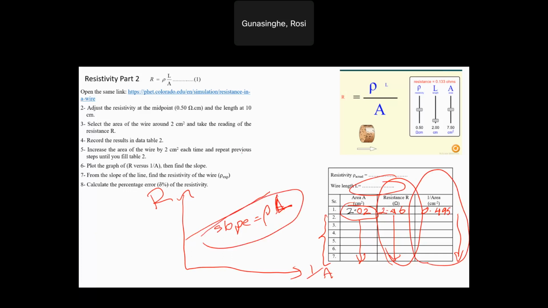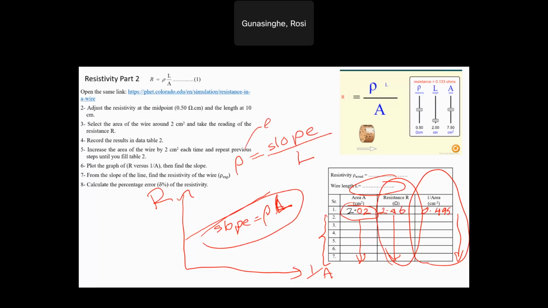From the slope, you can calculate the resistivity, which will be equal to the slope of the graph divided by length. So again, you're going to calculate the resistivity from the graph.